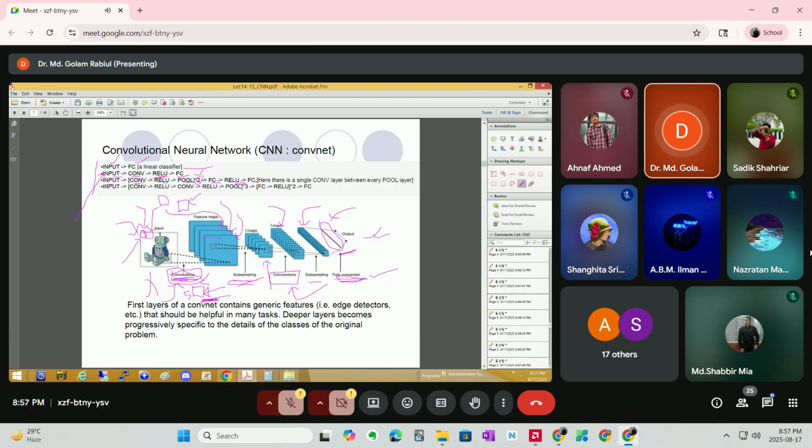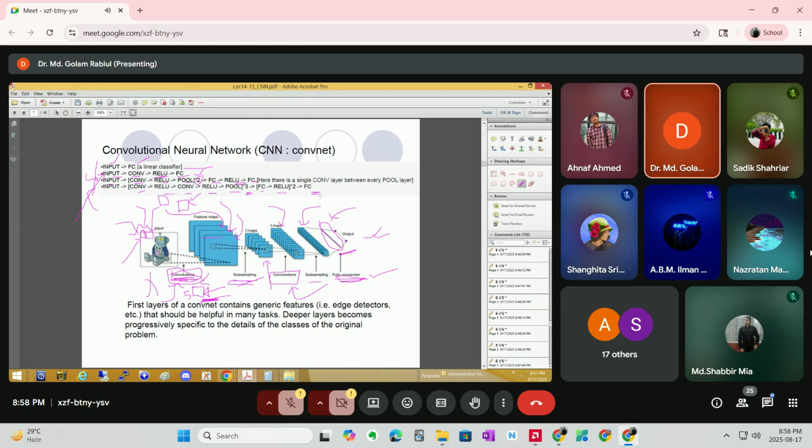Someone can design differently, like here: the input, then convolutional, ReLU, convolutional, ReLU, convolutional, that three times. This architecture follows the three times, and then the fully connected, then ReLU two times, and finally the fully connected layer.